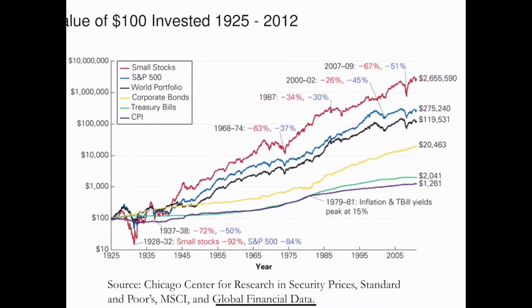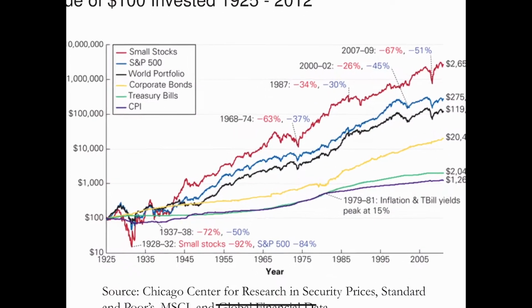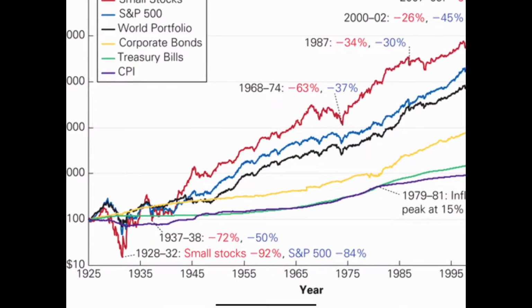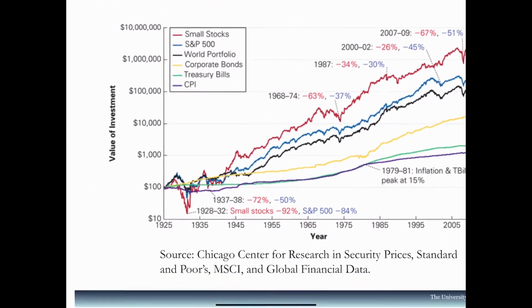Which one has the highest risk? Which one has the largest number of bumps? Probably small stocks. Just after 3 years of holding the portfolio, it went down by 92% during the 1929 financial crisis, recession, right?